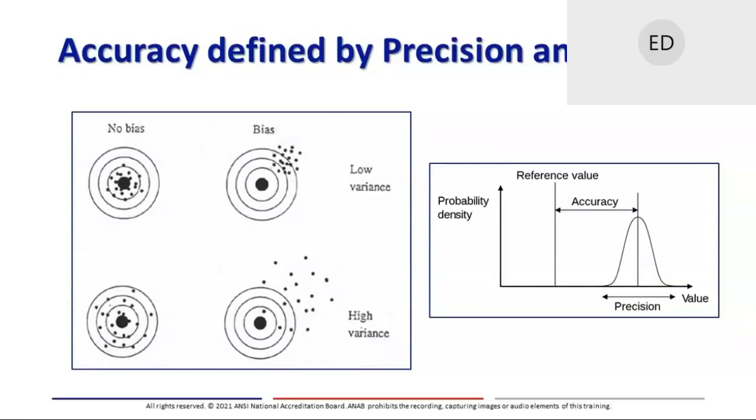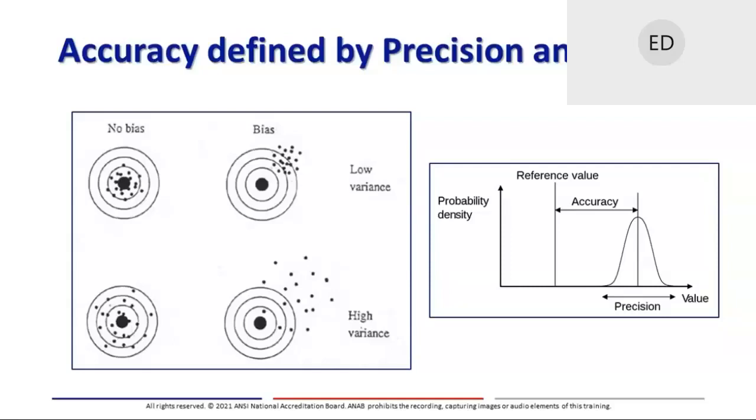In the bottom part of the graph, of course, there's high variance or low precision. That is, you'll have a larger value associated with this. Well, we can statistically calculate the variance or the precision. And if you look at the graph over on the right hand side, the precision is the spread of those quantity values around that mean.